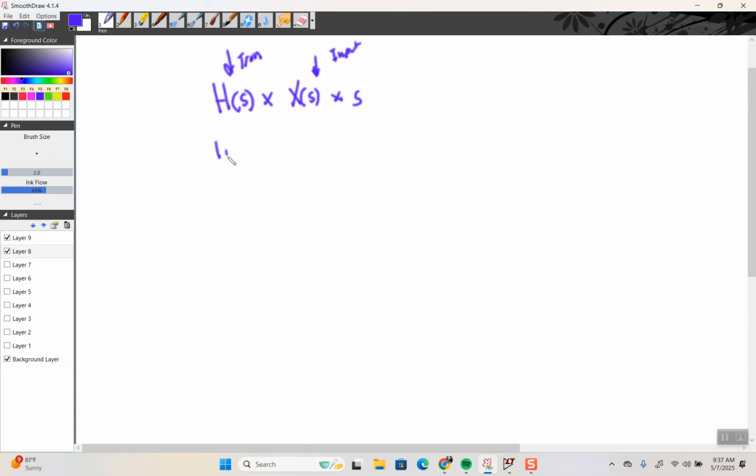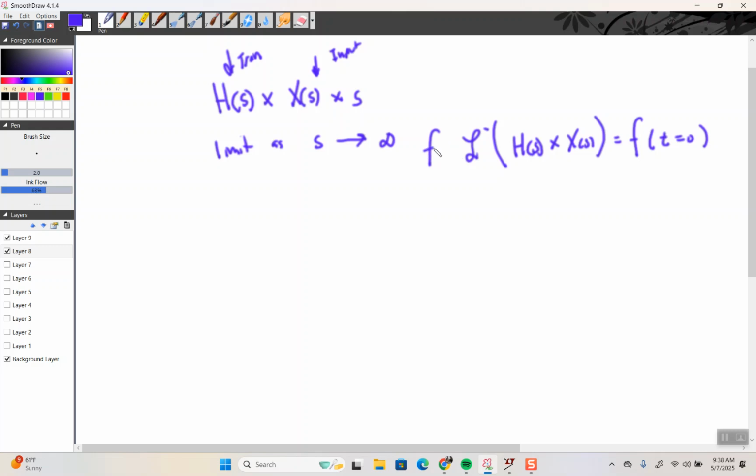The limit as S goes to infinity, so if the function of time is the inverse Laplace transform of this, right? That gives you the function at time equals 0.